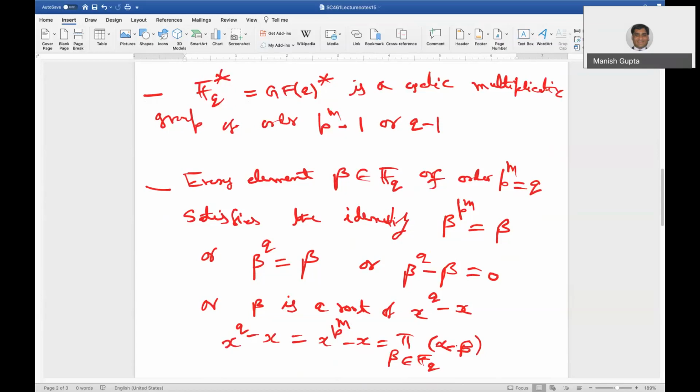I think you can prove it. I leave it as an easy exercise for you to show that this is the case. Okay, so you can consider beta raised to power q. Since the order of beta is q, we know that beta raised to power q minus 1 will be what? 1, right? So it's easy to prove.